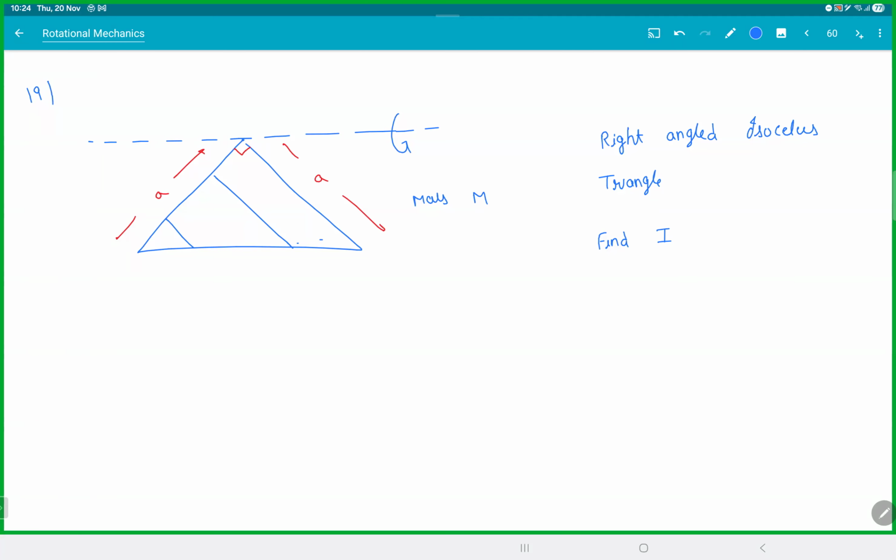Hope the picture was clear. Mass M, the sides are A. Right, Samyak.